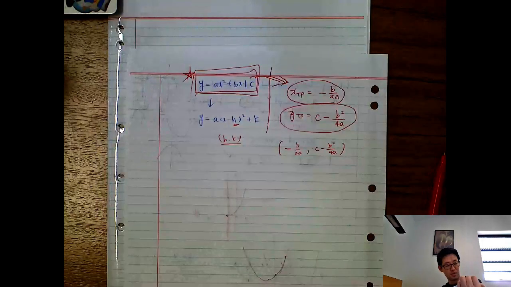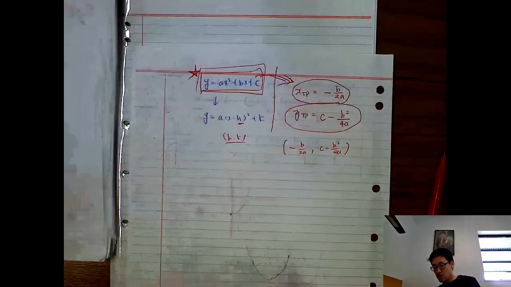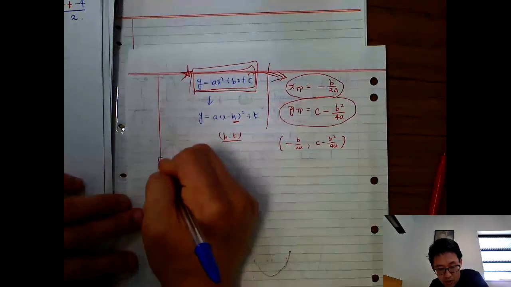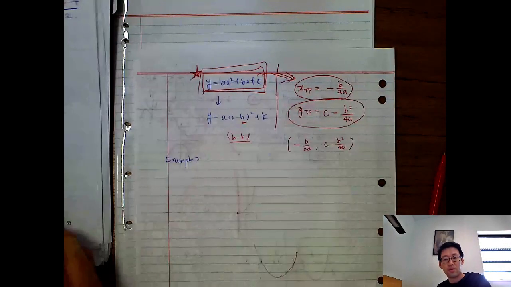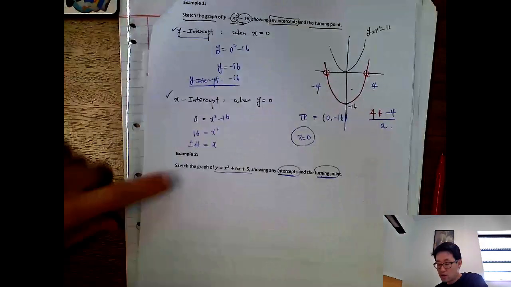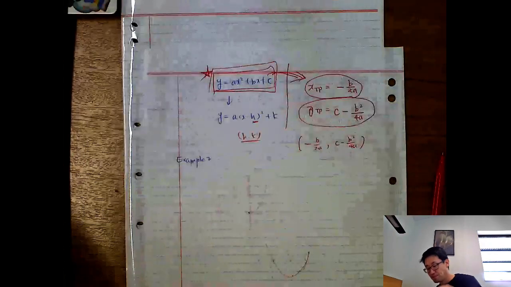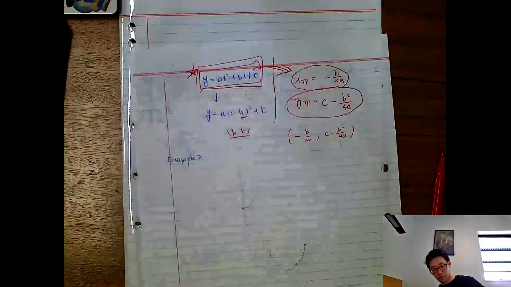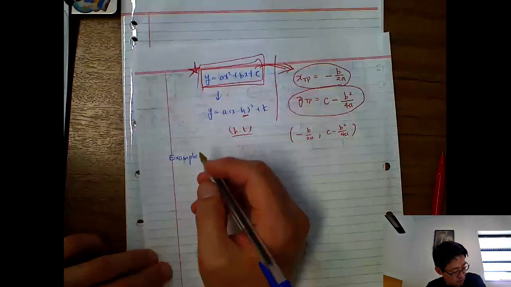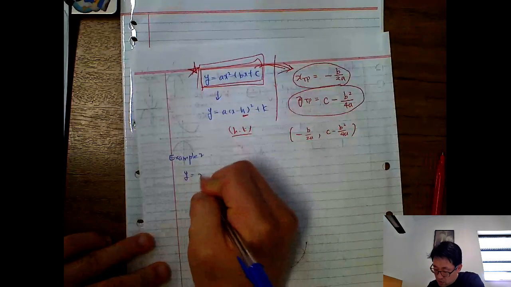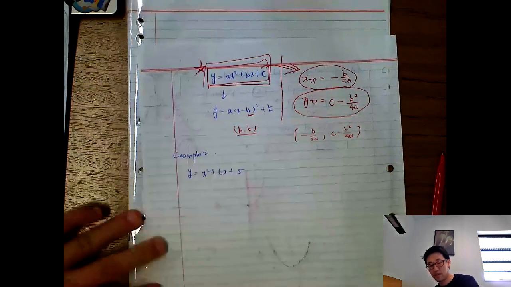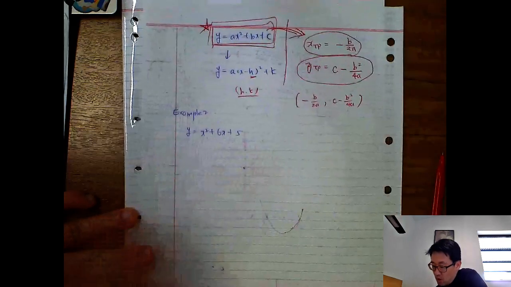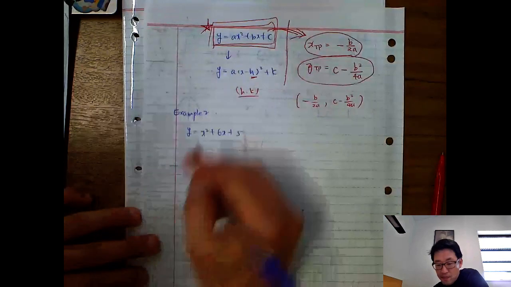I will give you one example. Okay, let's go here. I will do example 2. Y equals x squared plus 6x plus 5. I'll just get the turning point. Okay.